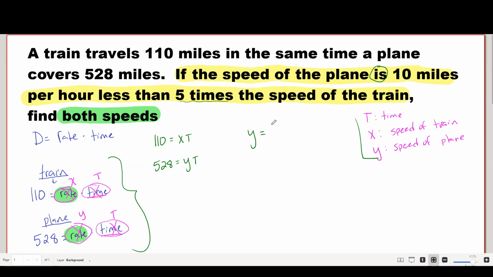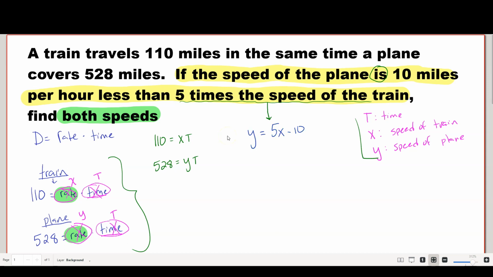Well, what is 5 times the speed of the train? That would be 5x right here, because the speed of the train is x. And if we want 10 less than that, it says the speed is 10 less than 5 times the speed of the train, so that would be minus 10. So this yellow bit of information is basically telling us this right here.